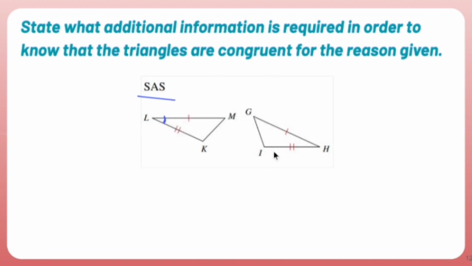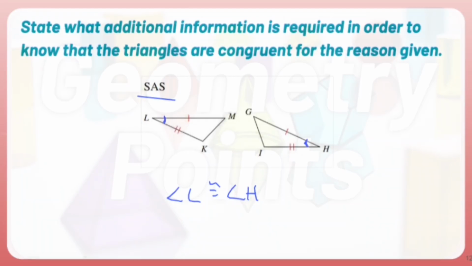Similarly, GH and IH have to have H as my angle. So the information that you need is you need to show that angle L is congruent to angle H. Once I show that, I can say side, angle, side, side, angle, side. The 2 triangles are congruent. I'm done.